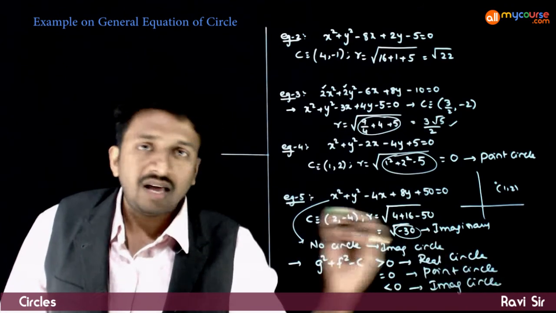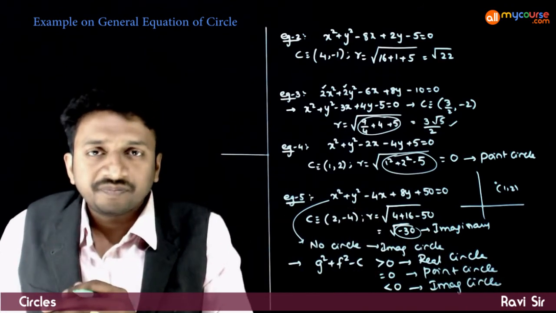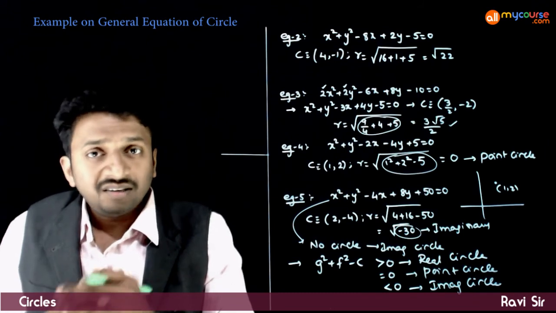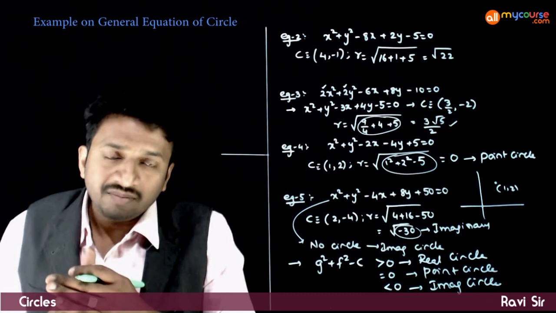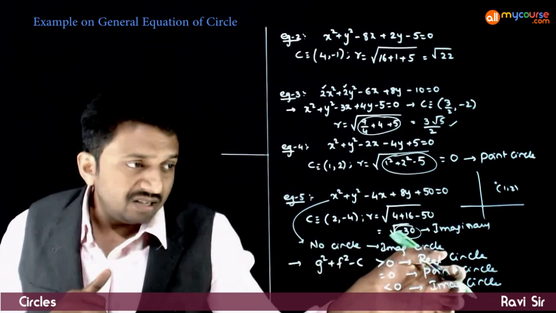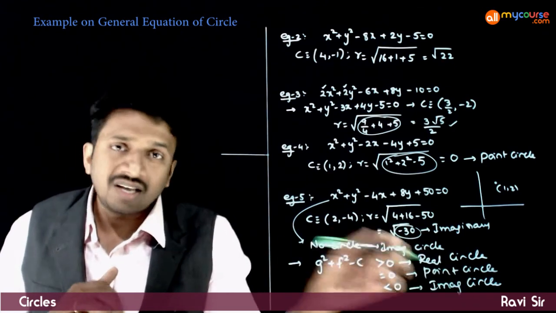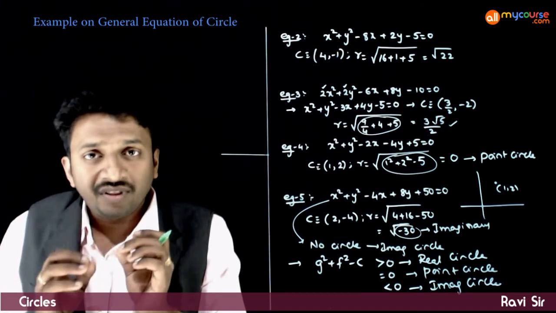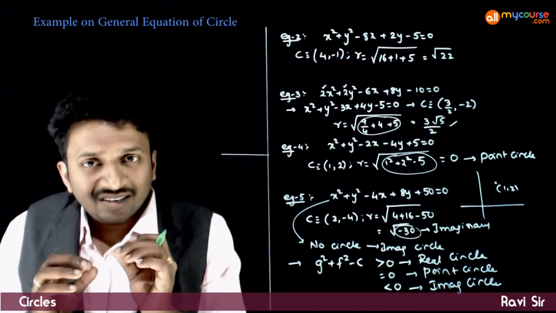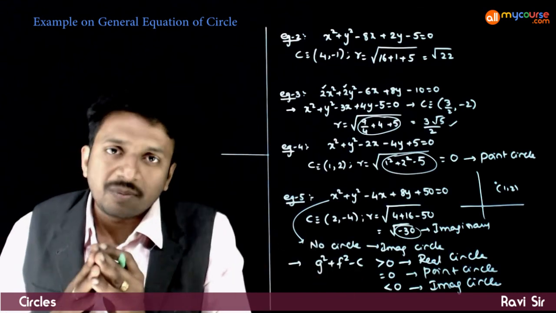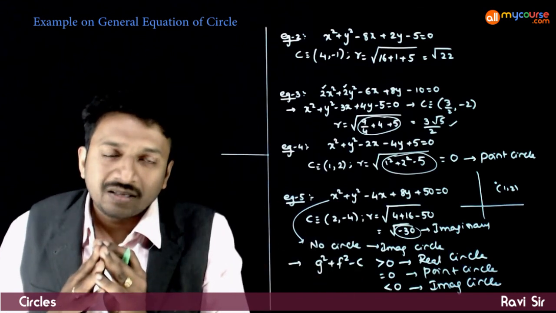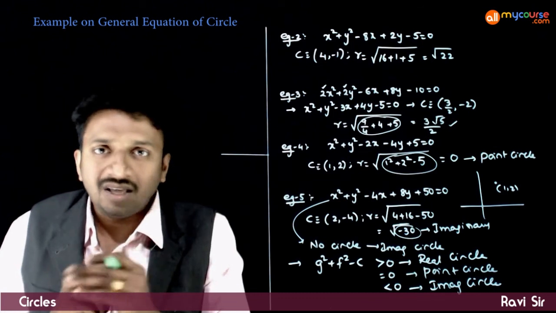That means effectively there is no circle. So don't think that you get some circle in some plane or something like that. You won't get any circle. So: real circle, point circle, imaginary circle. If in the questions you're asked about the nature of the circle, you just need to find this g square plus f square minus c. That determines the nature of the circle.